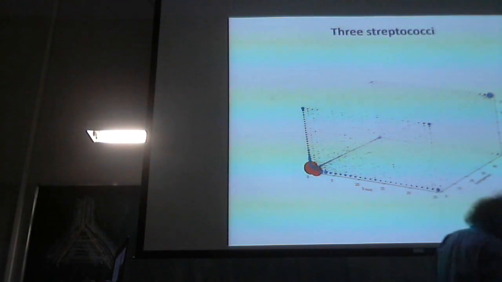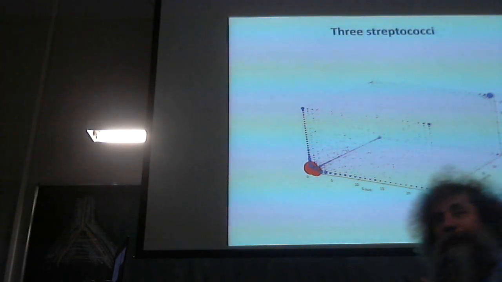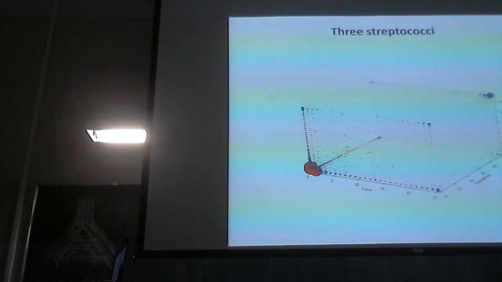Now, looking at this plot, could you guess which 2 species are closer to each other and which species is the outgroup? We have 3 species, 2 are sister species and 1 is a cousin. Who is the cousin?